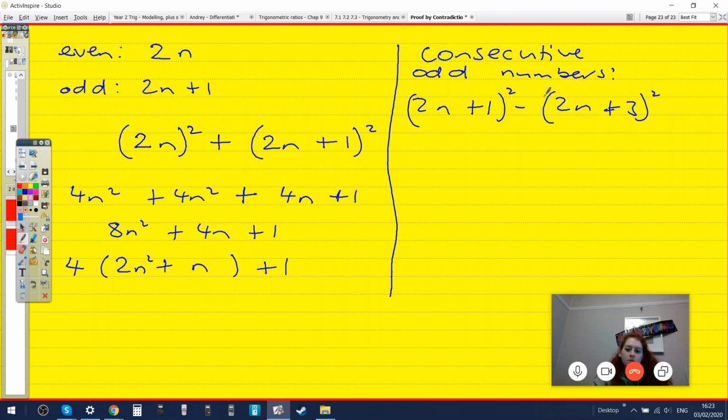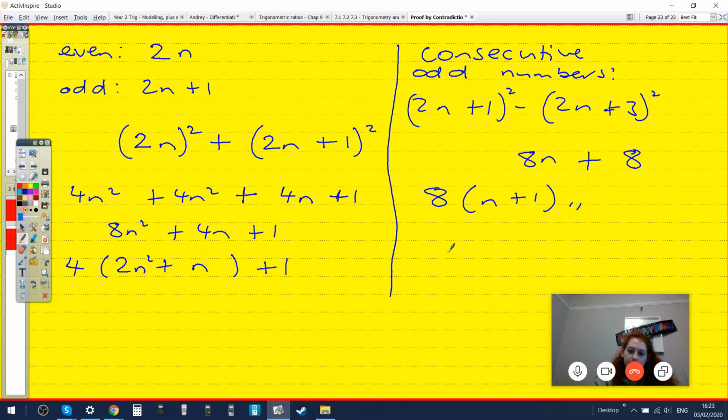So this one will be 9 minus 1 is 8. And in the middle you get 12 and 4. So that's 8n. That one's not too bad. And you could show that the difference between the squares of 2 consecutive odd numbers is a multiple of 8 by doing it that way.